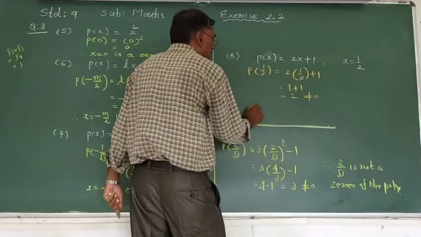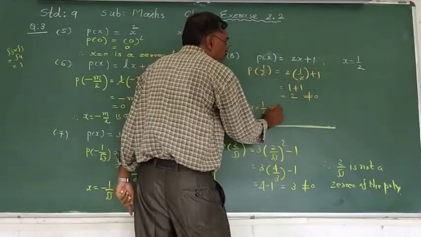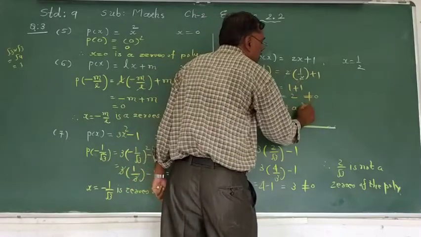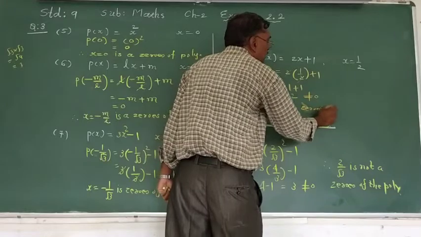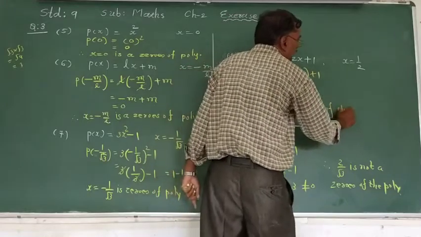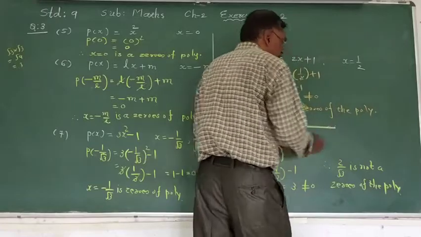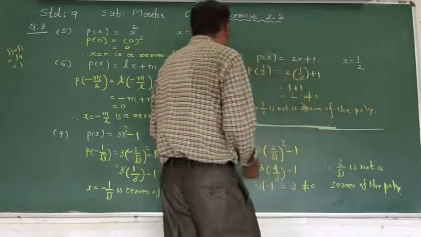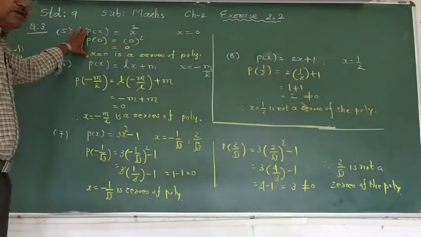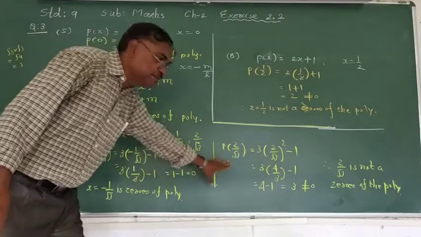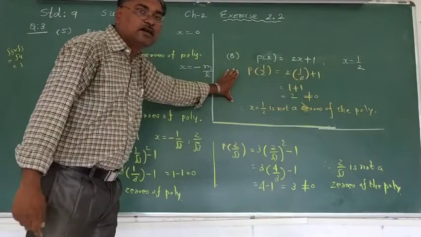Therefore, x equal to 1 upon 2 is not a zero of the polynomial. Okay. Now write down in your notebook. This is 5 number, this is 6 number, this is 7 number, and only this is the 8 number.